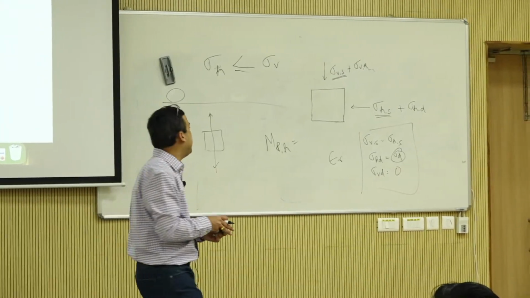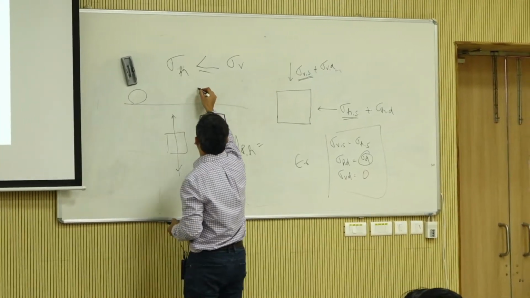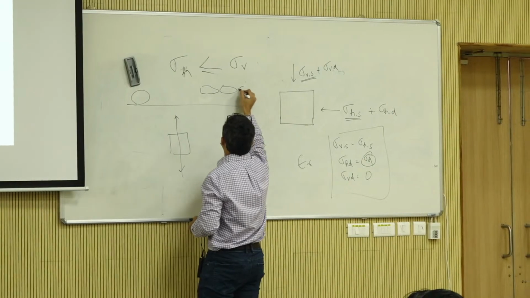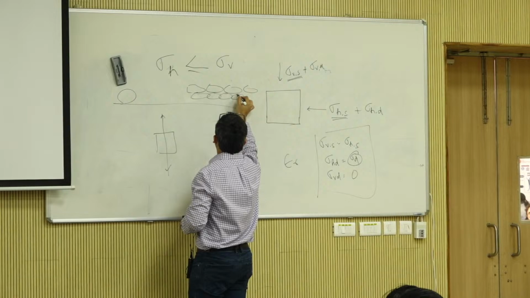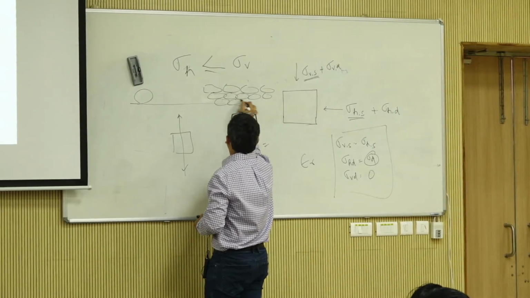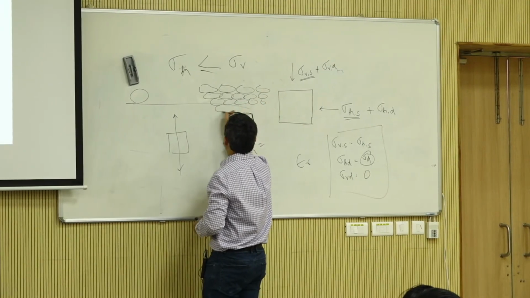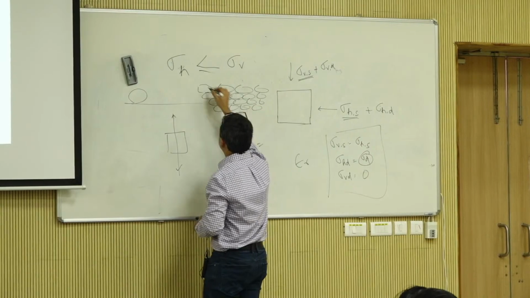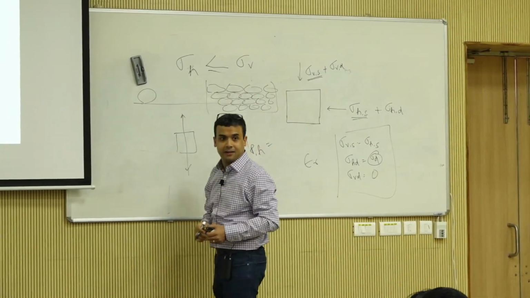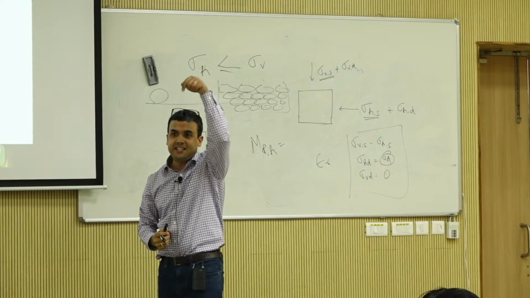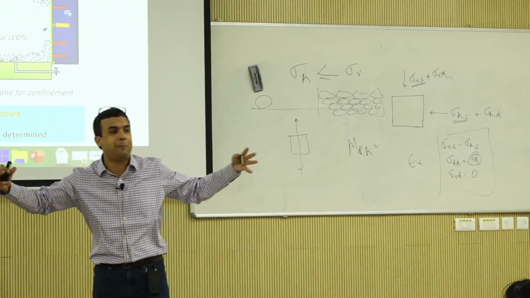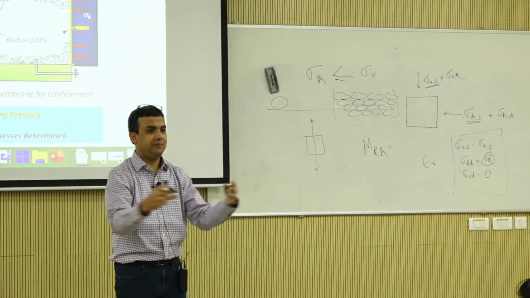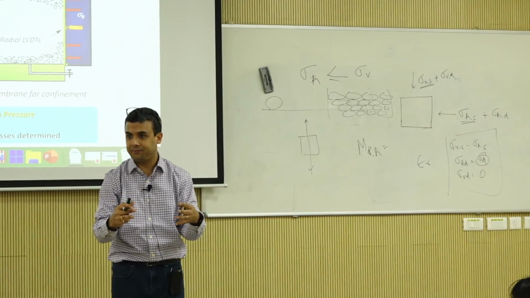No, because when you compact an aggregate, the particles actually arrange something like this. So if you apply load this way, they are sitting on each other and they're resisting. If you apply it this way, the behavior is different.